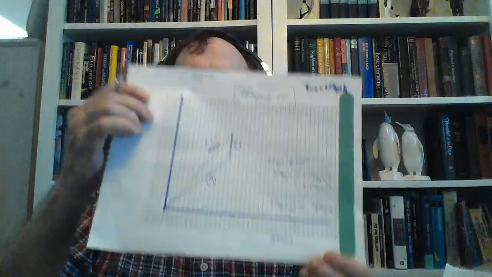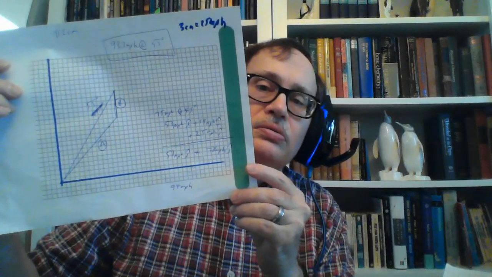Well, now we use Pythagorean theorem. That comes out to be 94 miles per hour. Well, graphically, we have 93 miles per hour. It's not bad.